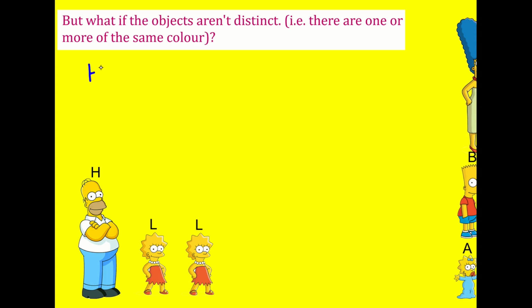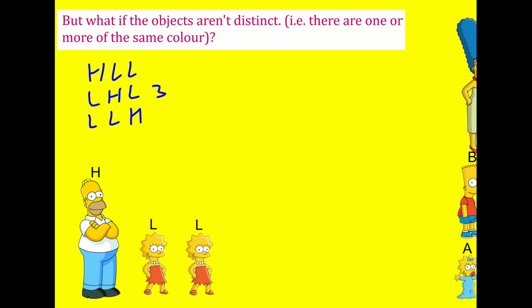Okay, so for HLL, remember I can't swap the L's around now, so actually that's it. So if I put one of the L's first, I might then put H second and L third, or if I put the L first, I might put L second and H third, but actually that's it. So when I've got 2 things the same, I've got 3 things, there's only 3 ways of doing it.